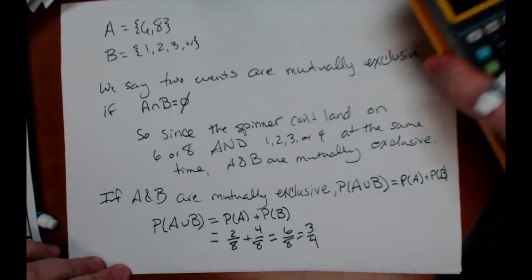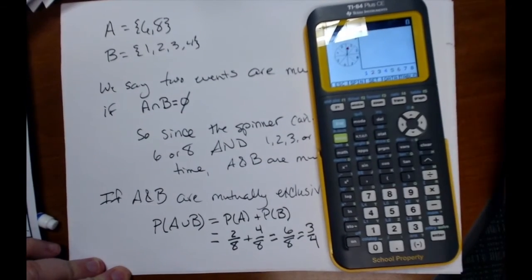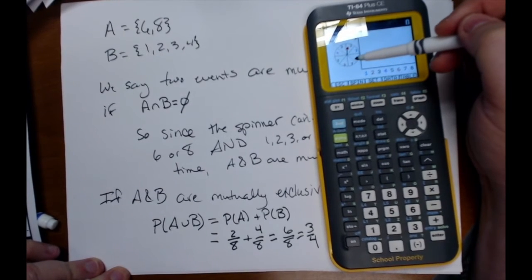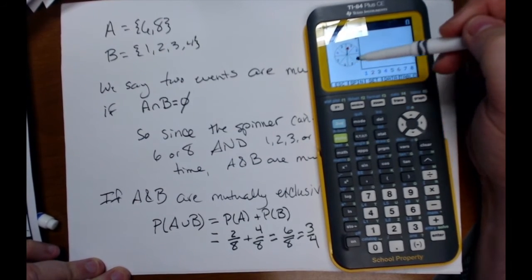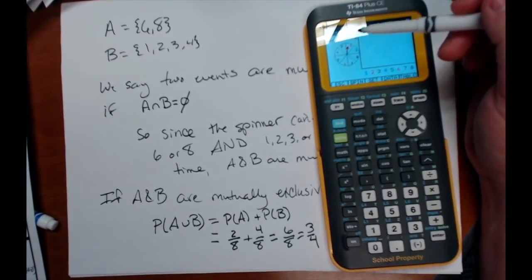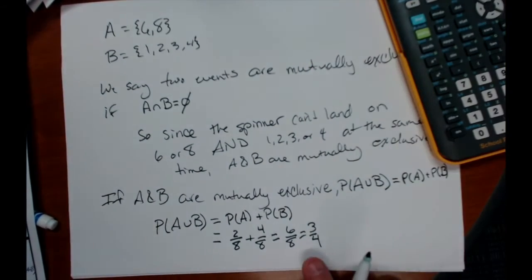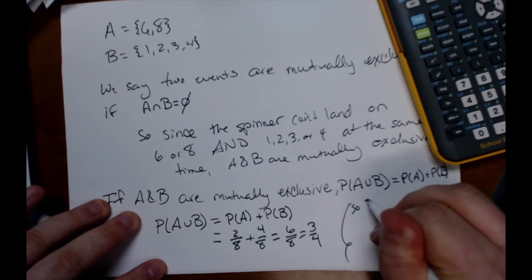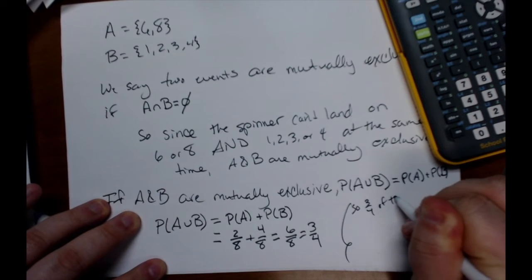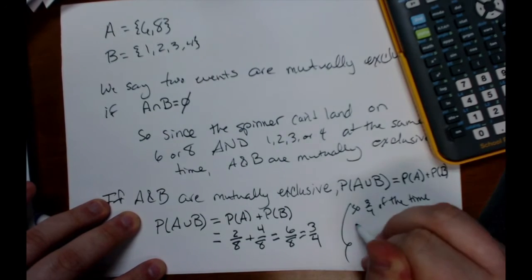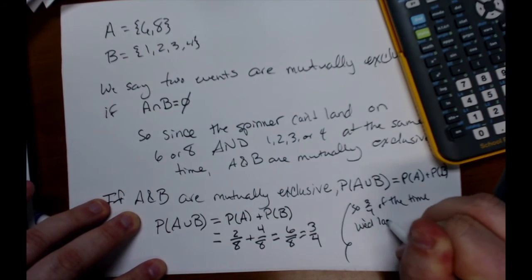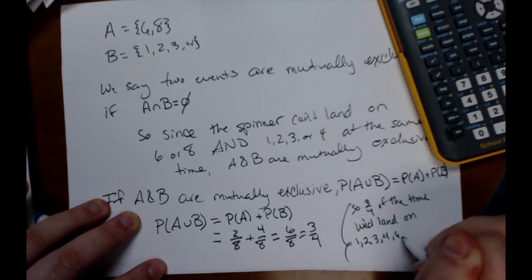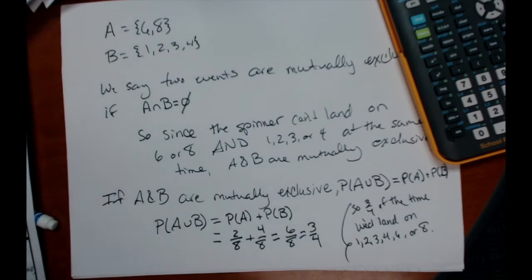So again, if we look at our handy calculator and look at our spinner, 1, 2, 3, or 4, that's half. 6 and 8 are 2 more 8s, so only 2 of those 8s aren't covered. And so we would expect that 3/4 of the time, we'd land on 1, 2, 3, 4, 6, or 8.